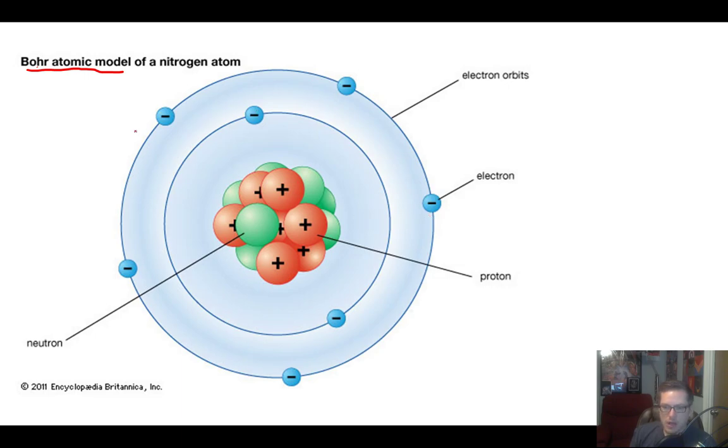Notice how, according to the Bohr model, the electrons are at specific levels, almost like planets orbiting the sun. It's kind of the basic idea of this model. We'll talk about how this doesn't actually match observations we make about electrons, but the protons and neutrons really do exist in the middle of the atom.